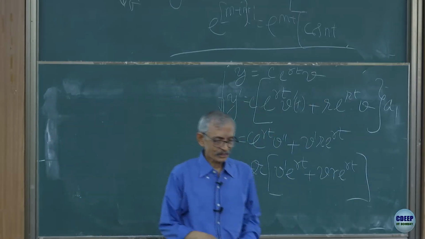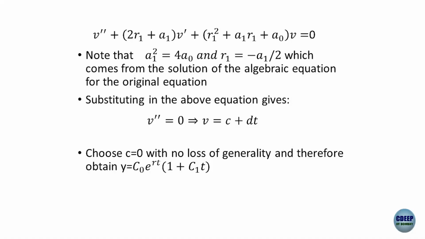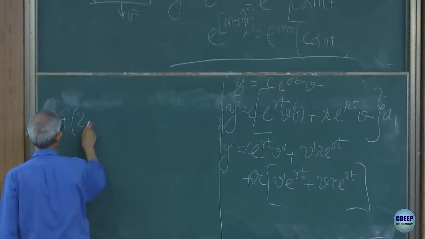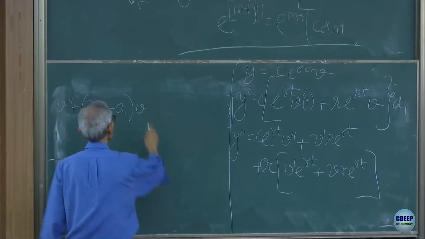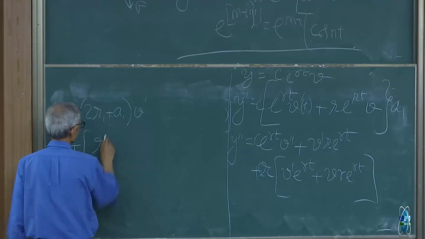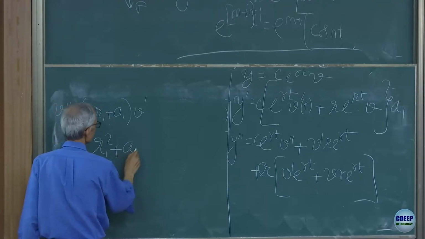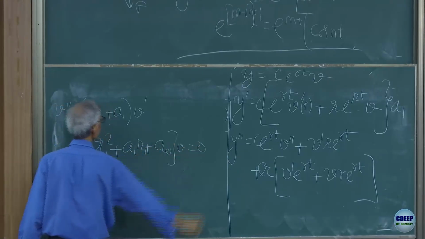So the algebra you can do, I'm not going to do it, but you are just going to add up all these guys, and you are going to get v double prime, which is that first term that you see there, and then twice r1 plus a1 times v prime plus r squared plus a1 r1 plus a naught times v equal to 0.